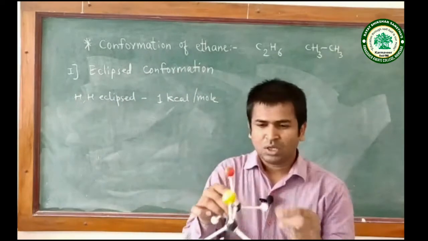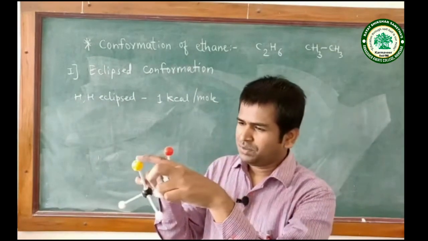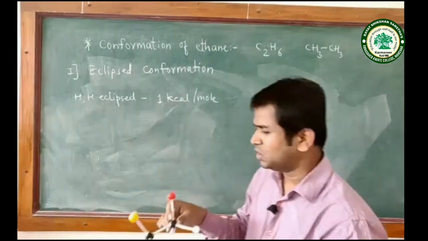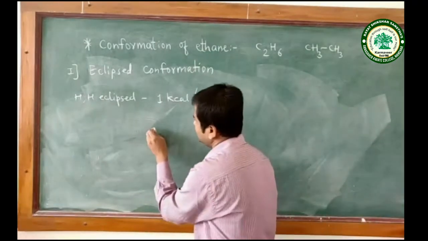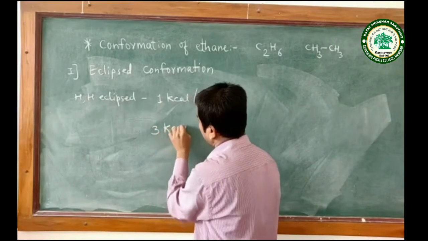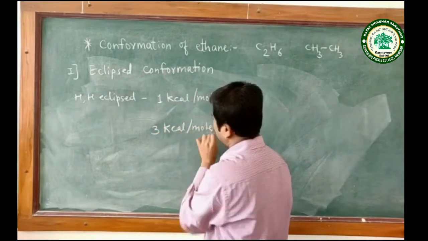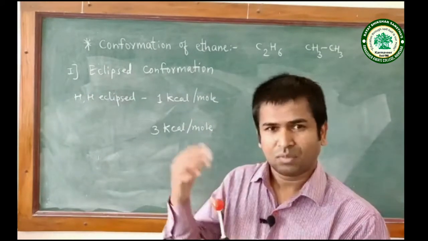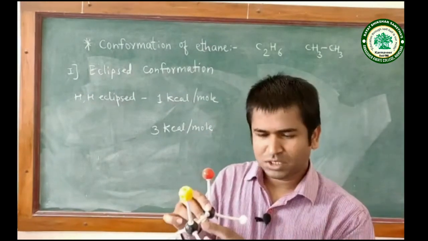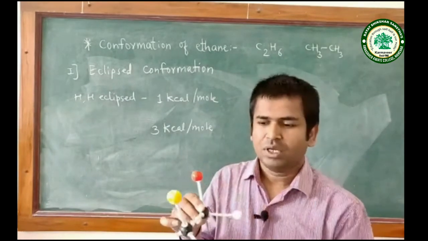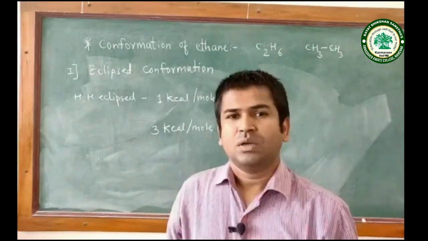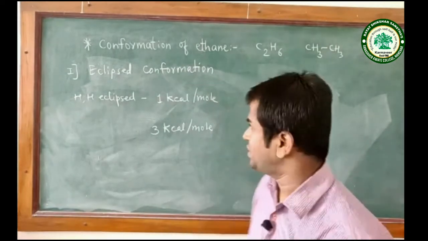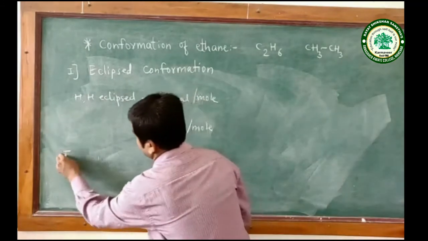One kilocalorie per mole. Since in eclipse conformation of ethane there are 3 hydrogen-hydrogen eclipsing interactions, the total energy of the molecule is 3 kilocalorie per mole. The energy of this molecule is high, this structure is high, and therefore it is less favorable structure. So we see the second structure, that is staggered conformation.